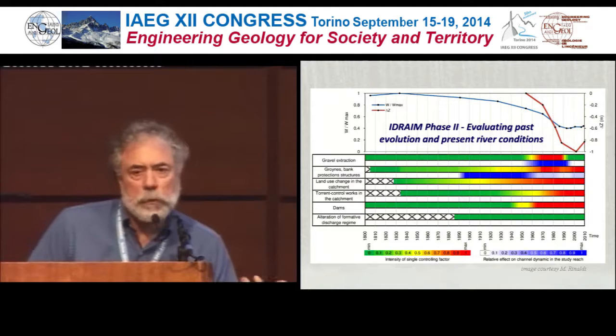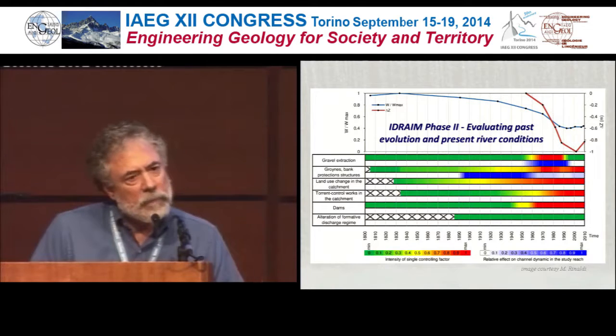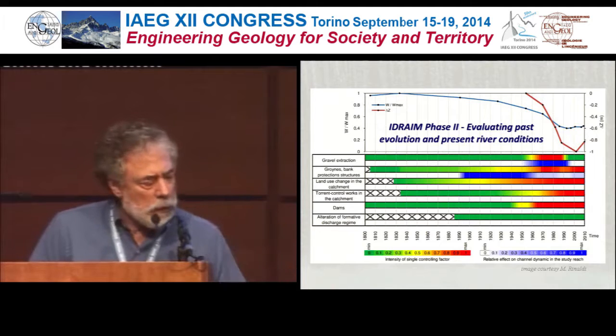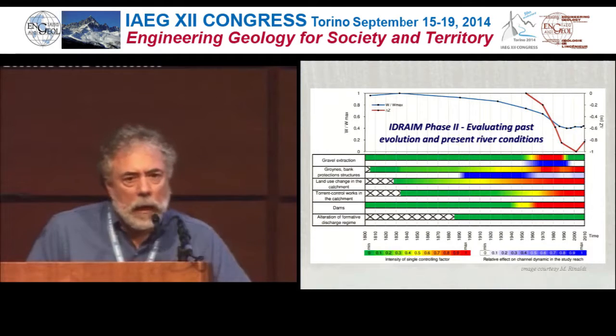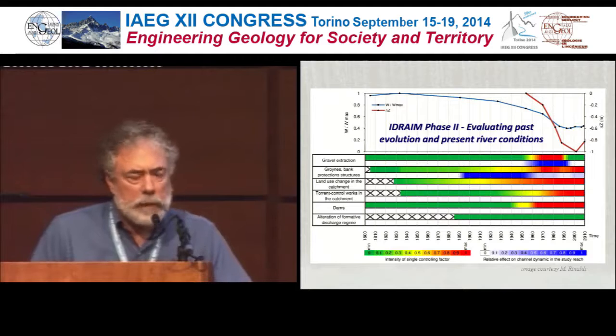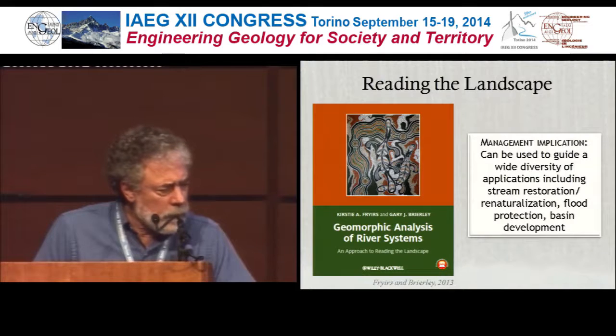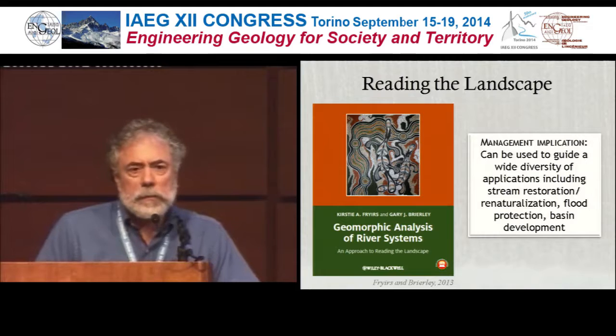So with this sort of perspective in mind, we can diagnose, and we can begin to implement changes to rivers that accommodate where they've been in the past and where they might be going into the future. So the idea of reading the landscape is more than just a simple phrase.